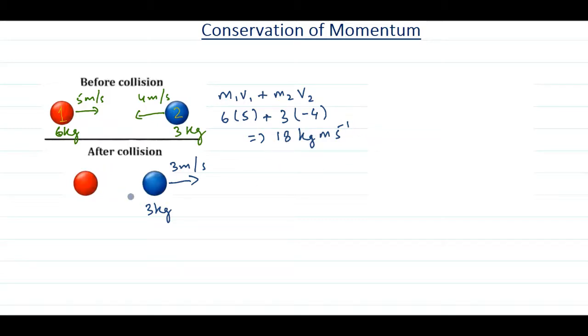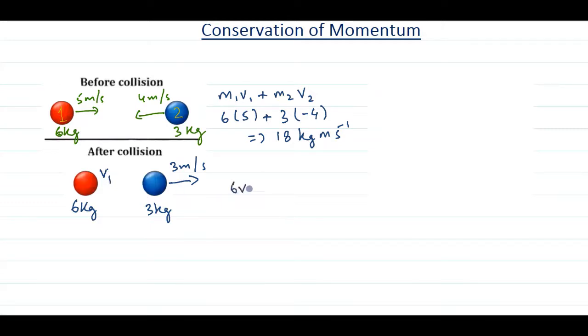Remember, the total is going to be the same, that's 18. So let's calculate the momentum of the second system of objects. Again, we use the same method. The mass here is 6 kilograms, and let's say the velocity here is v1. We have to calculate this, right?